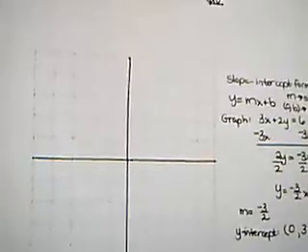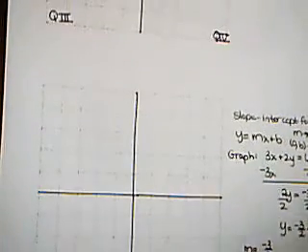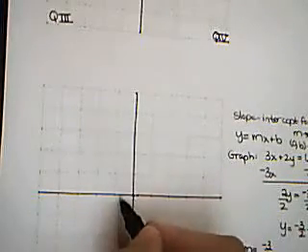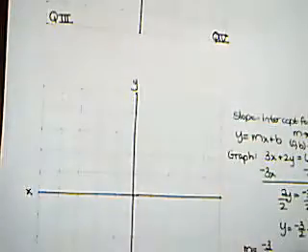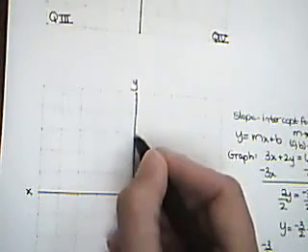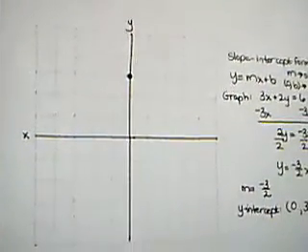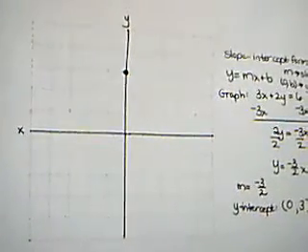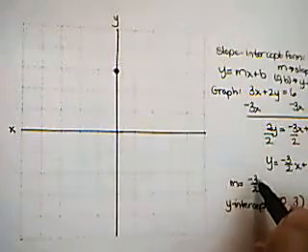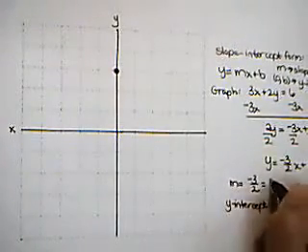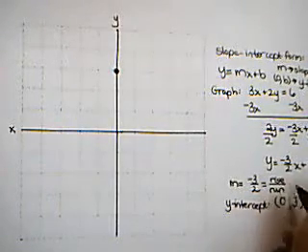So when we graph this, we can plot (0, 3). 0 says do not go left or right any along your x-axis. And then the y is positive 3, so we go up 1, 2, 3. That being your y-intercept. Your slope being negative 3/2, slope has another definition of rise over run, or the change in y over the change in x.